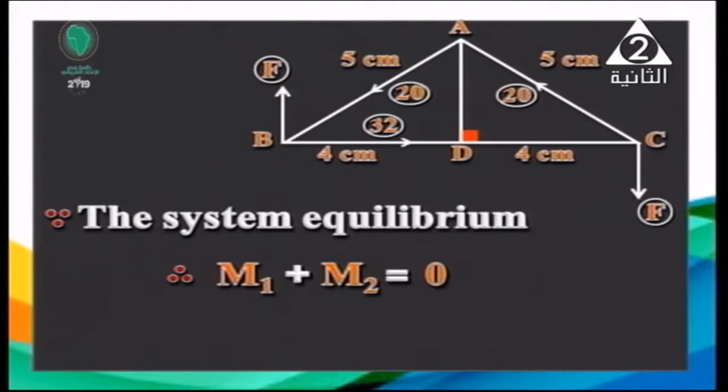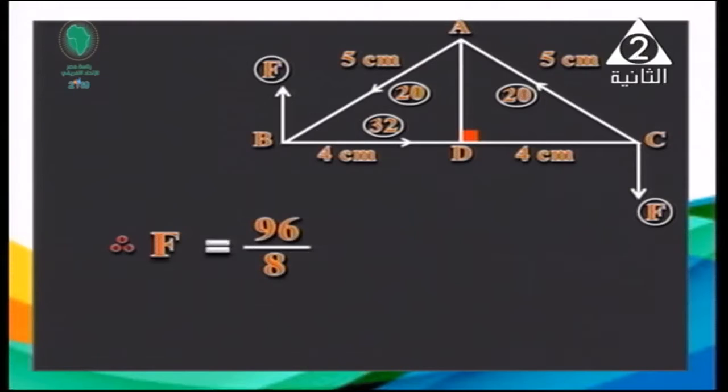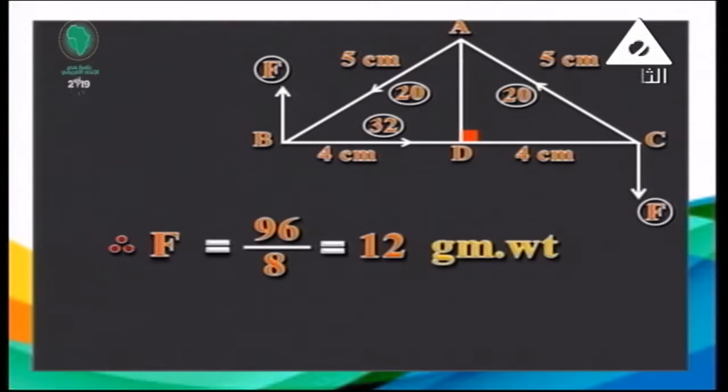What is the other couple, my dear student? The two forces F, F, with distance between them BC equals 8. Then we deduce that negative F times BC also equals 96. Therefore, my dear student, F equals 12 gram weight.